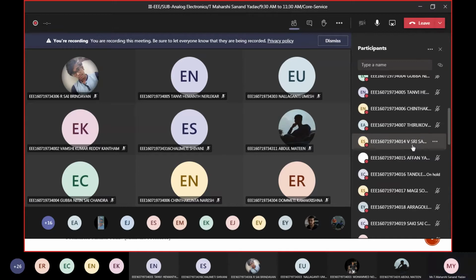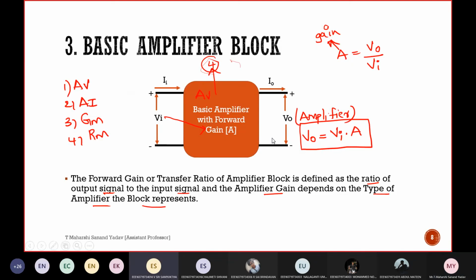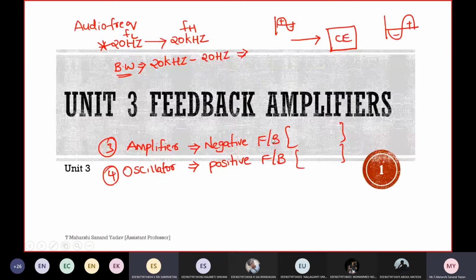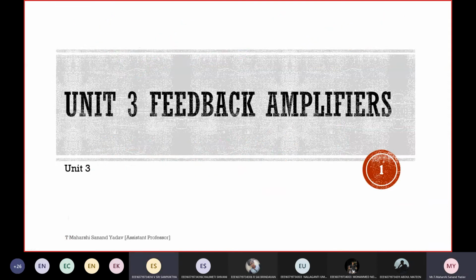Yes, sir. Yes, Samyukta, what you understood in today's session? What are the topics that we have seen? Today we learned about feedback, sir. Tell me right from the starting. So in feedback, we have 2 types, positive feedback and negative feedback. Okay.